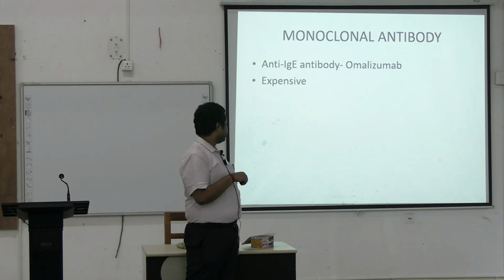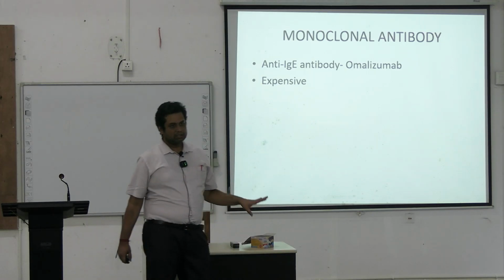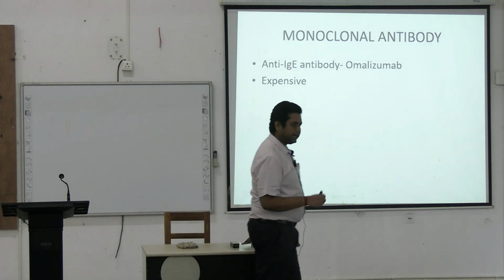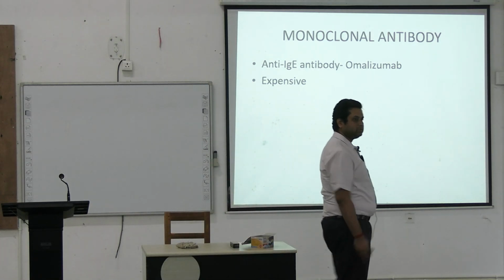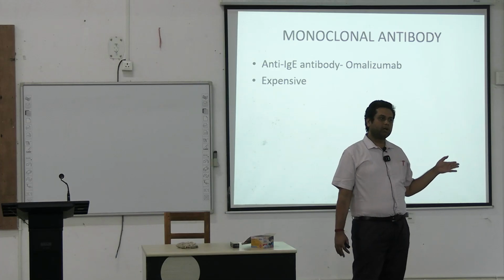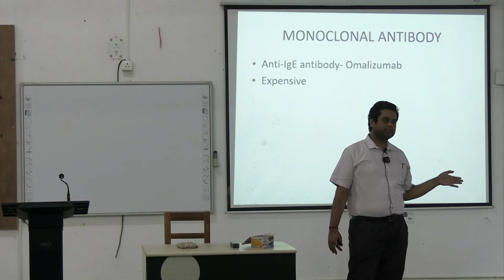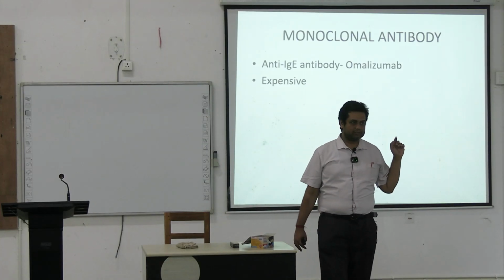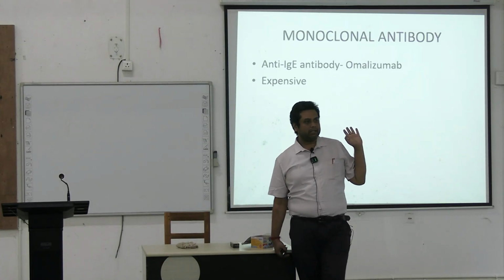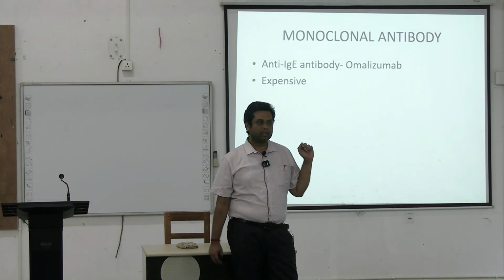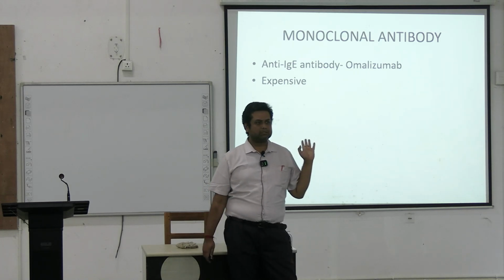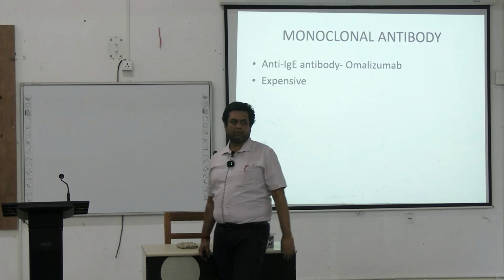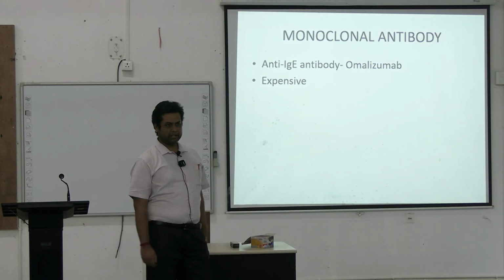By acting against the IgE, they prevent the attack. These are used for prophylaxis; they cannot terminate an attack. Omalizumab is highly expensive, given subcutaneously. This is given for uncontrolled asthma, extreme cases of uncontrolled asthma.